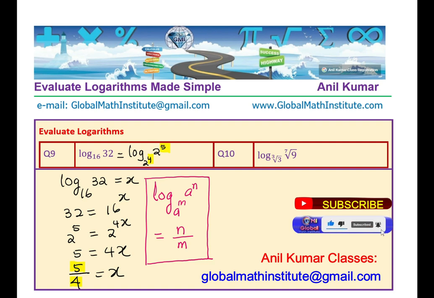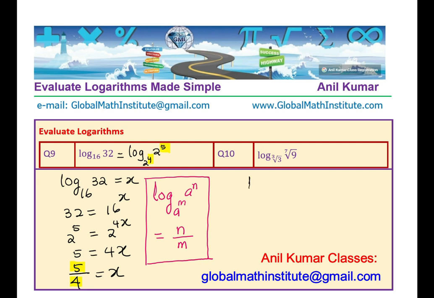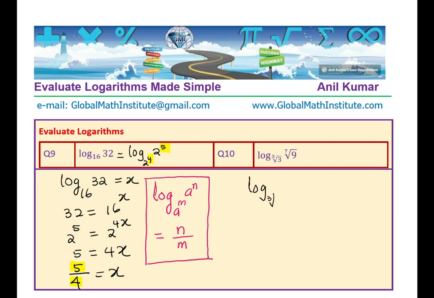Get the idea? So the last question I'm going to solve like this, right? So look at it carefully. I'll write it slightly bigger. We have log to the base cube root of 3, of 9 to the power of 1 over 7, correct? Now, both can be written as powers of 3, right?